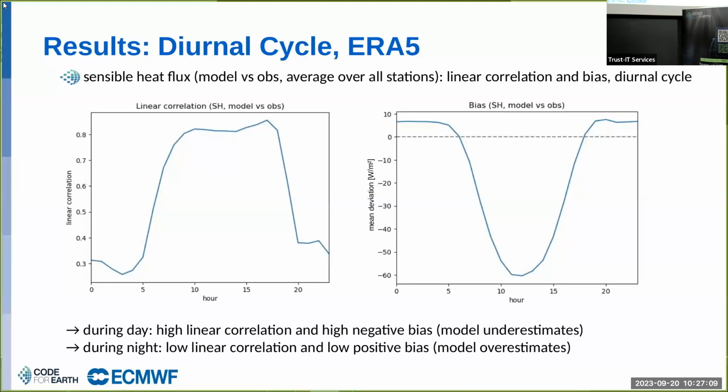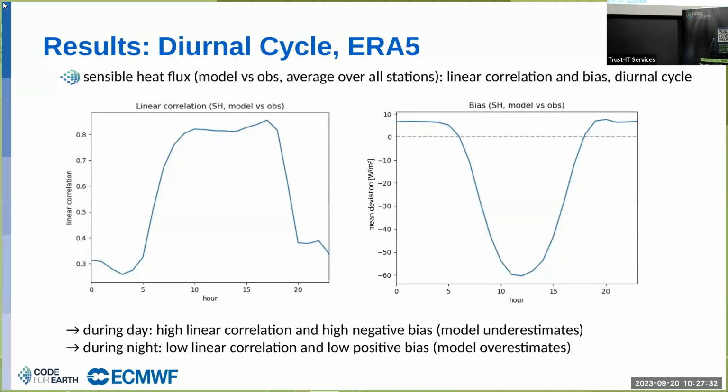So we can summarize that during daytime, the model is quite good in predicting the diurnal cycle, but also because the fluxes are quite high during daytime, there's a quite big difference. So it's easier to have a big difference if the fluxes are already big.